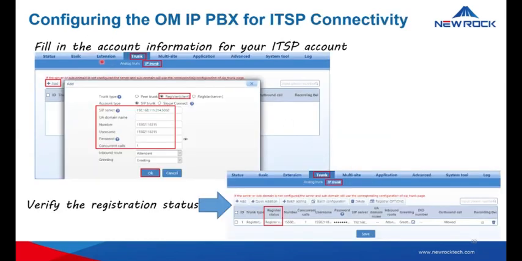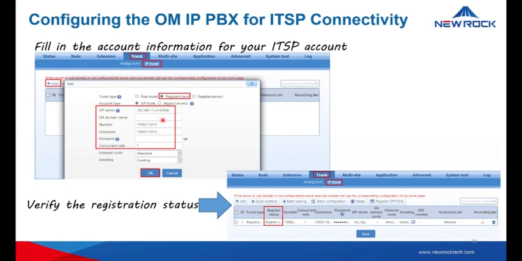Then the next one is how to configure the OMIPPBX for ITSP connectivity. You need to fill out the account information. Generally, we can select peer trunk. Peer trunk is to connect to an FXO gateway on the same LAN. For register, if you want to connect to IMS or a service provider, you enter the number and password.